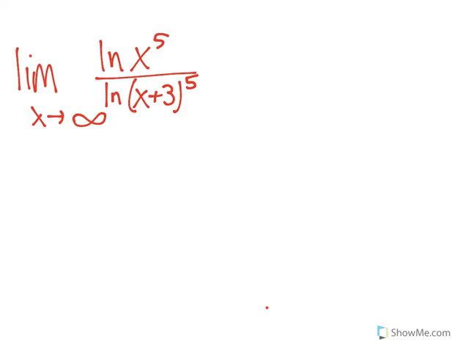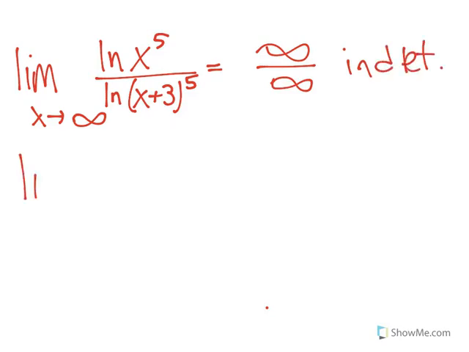Okay, number 6. So this has 2 ln's on it. I'm probably going to do a lot of canceling as I do this problem here. But if I put in infinity, I get infinity over infinity, which is indeterminate. So I'm going to L'Hopital the top and then L'Hopital the bottom.